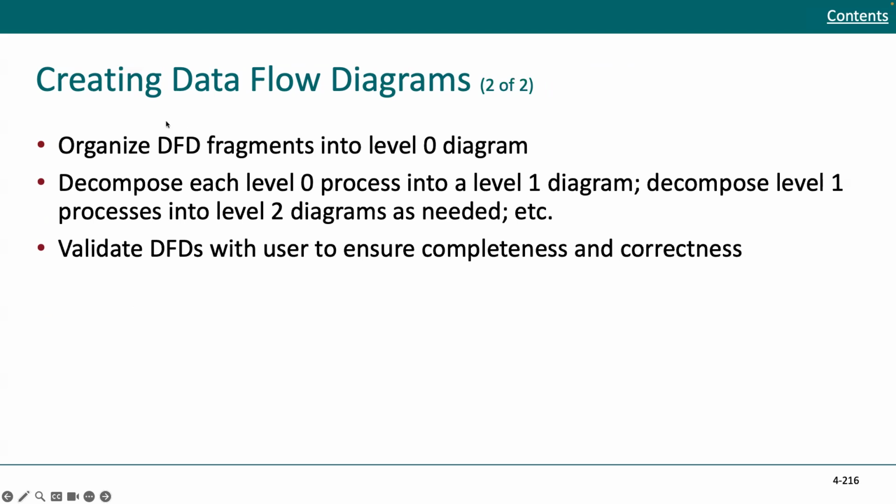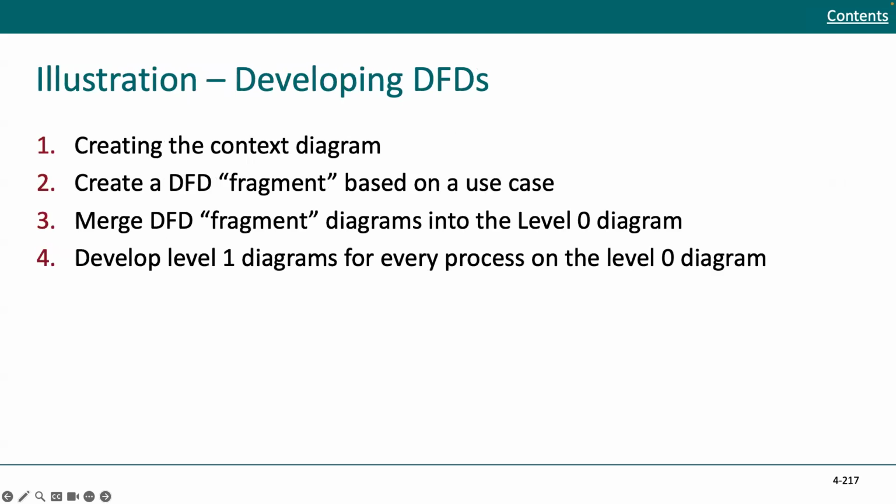So continuing on, we organize the data flow diagram fragments into the level 0 diagram. We can decompose each level 0 process into level 1 diagrams, and decompose level 1 processes into level 2 diagrams as needed, and so forth. Then we validate each data flow diagram with users to ensure completeness and correctness.